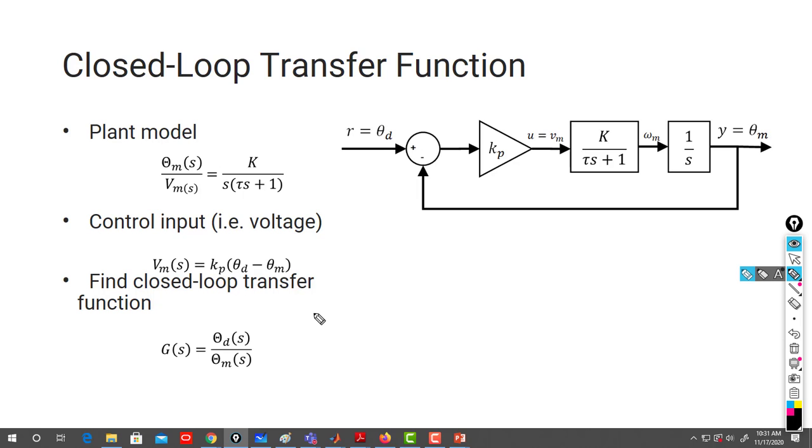You correct yourself later on. Theta m over theta d is the closed loop transfer function, and my open loop system, the plant model if you wish, is theta m over Vm. That's my DC model.